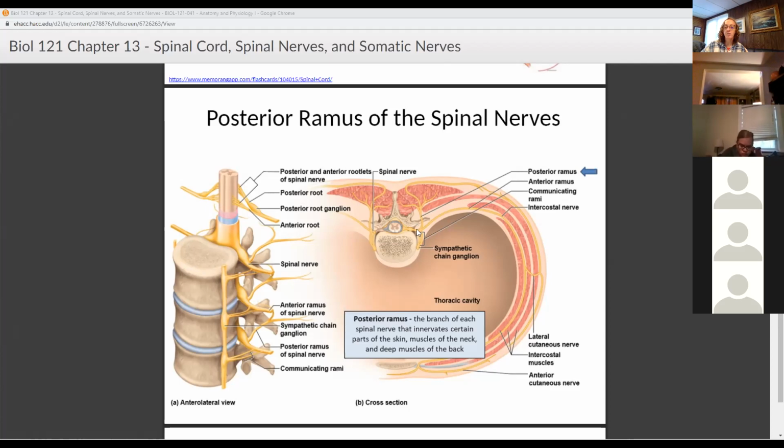So here's the spinal nerve coming out. Here's the posterior ramus. Here's the anterior ramus.